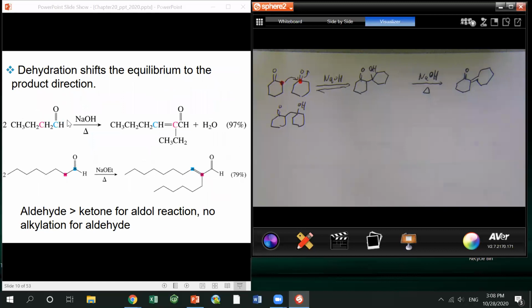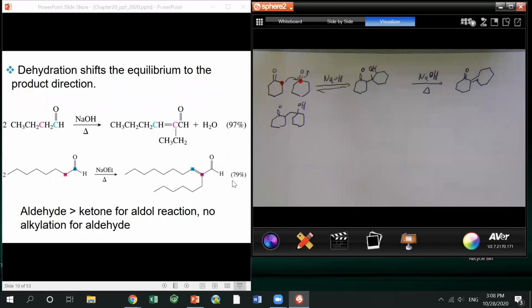Here are 2 examples. The first one is butanal, an aldehyde, giving one molecule. Another has a much longer carbon chain and also gives the dehydration product. You can see the yields, 97 is pretty good, and 79 is also a decent yield.